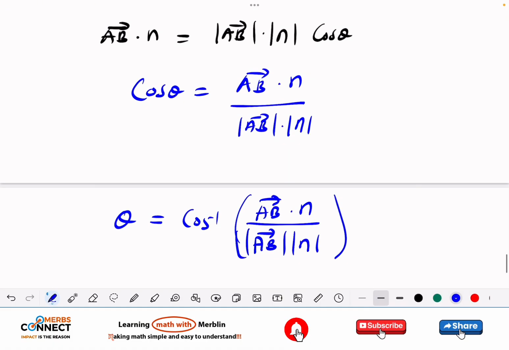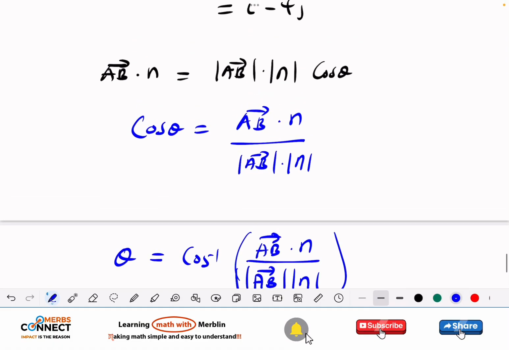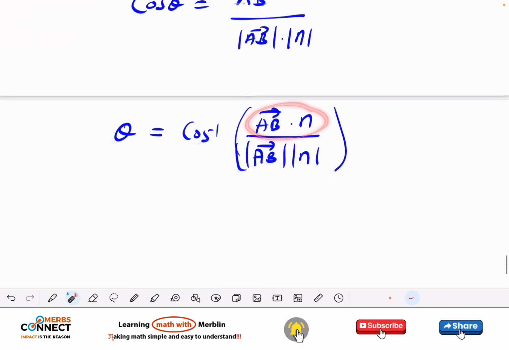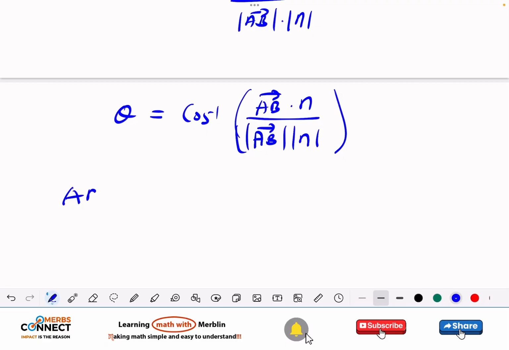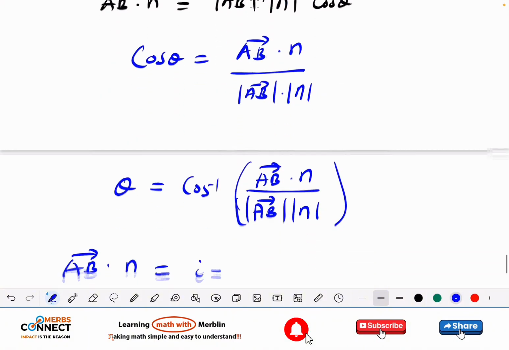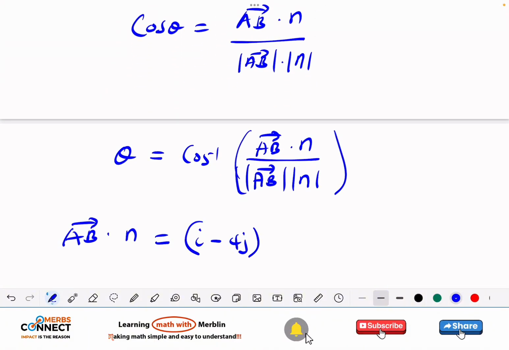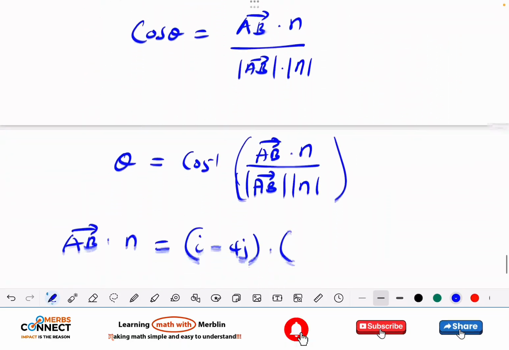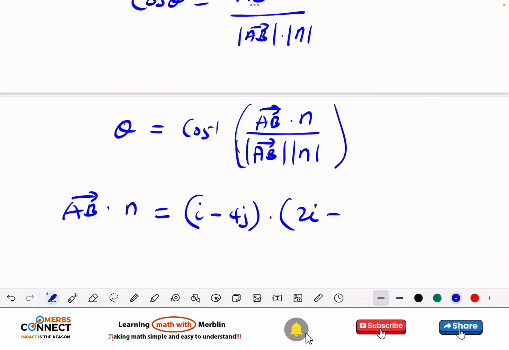Good. So now let's find the dot product. So this dot this is equal to, so this is i minus 4j dot n, which is 2, minus 1, 3.